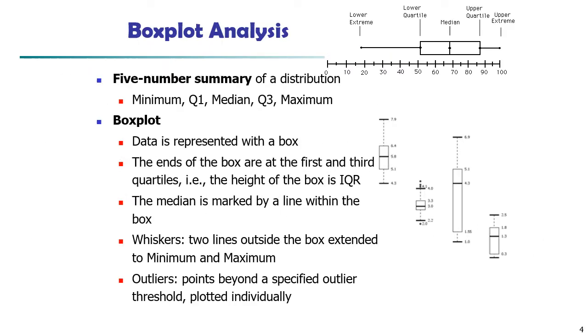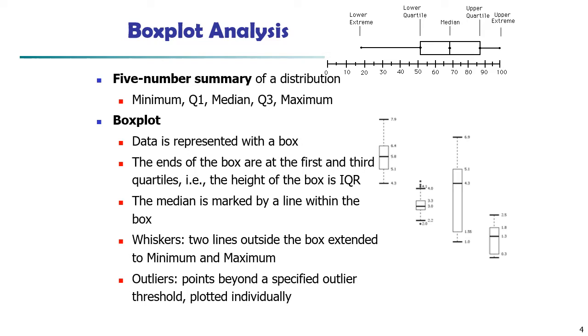So, box plot. We talked about it. It is a 5-number summary of a distribution, and the 5 numbers are the minimum, Q1, that is quartile 1, then the median or quartile 2, Q3, quartile 3, and the maximum value. So here we need to arrange the data in ascending order. In a box plot, data is represented in the box.